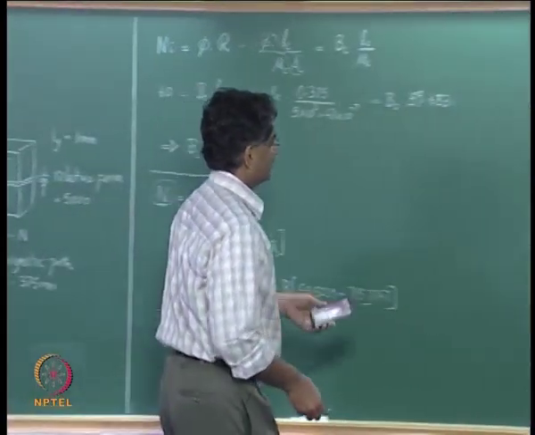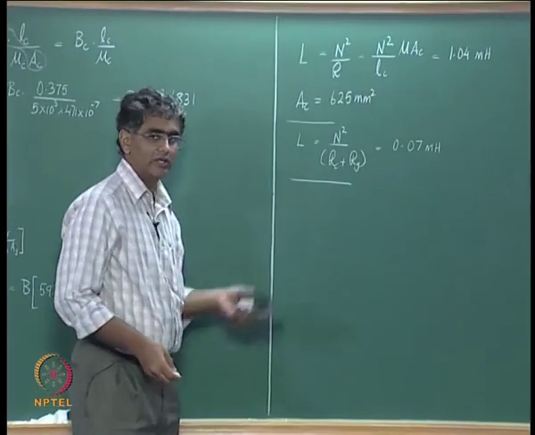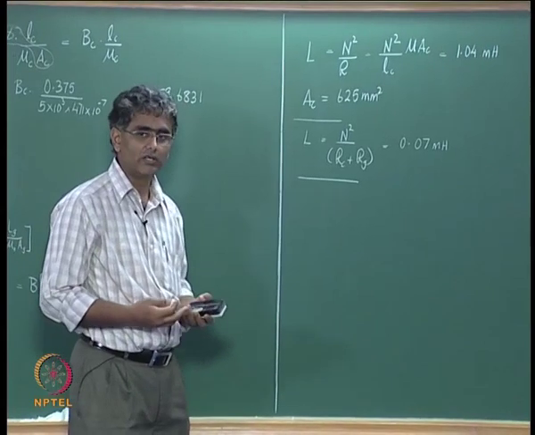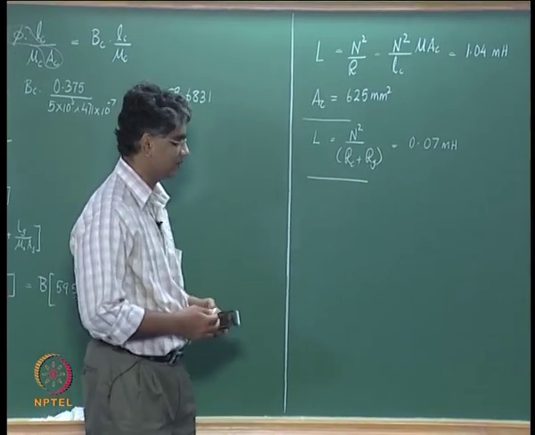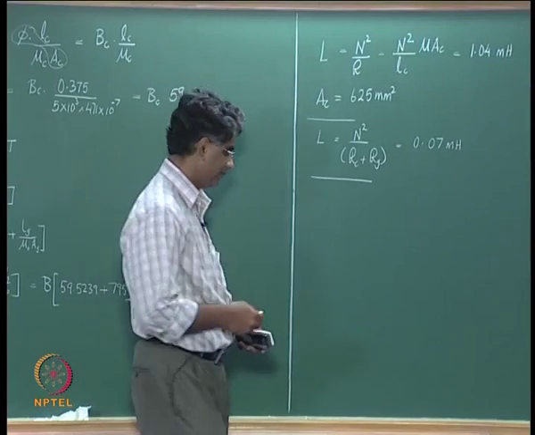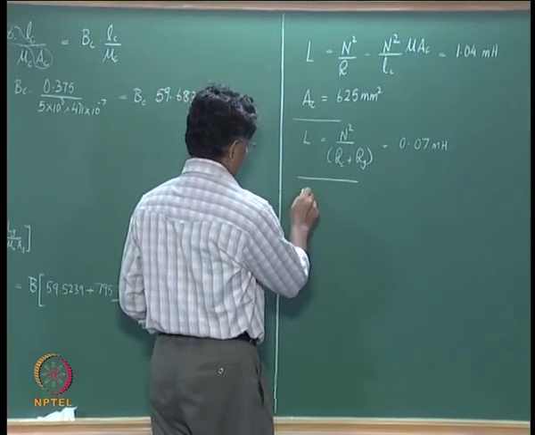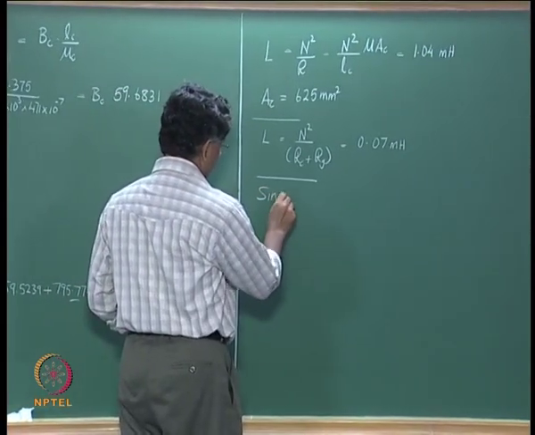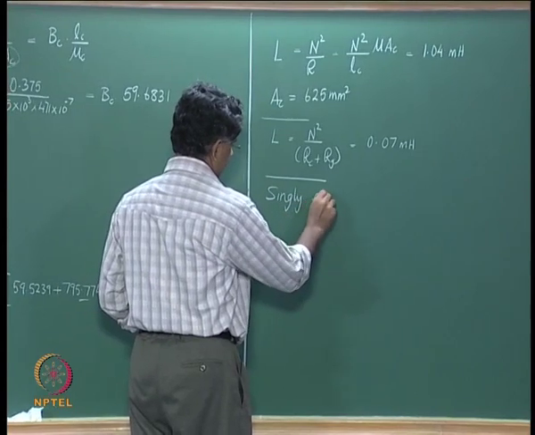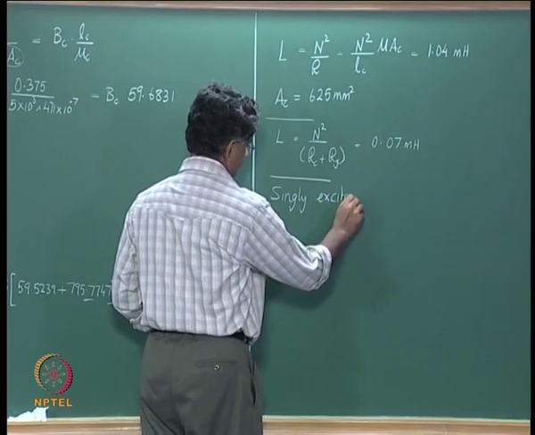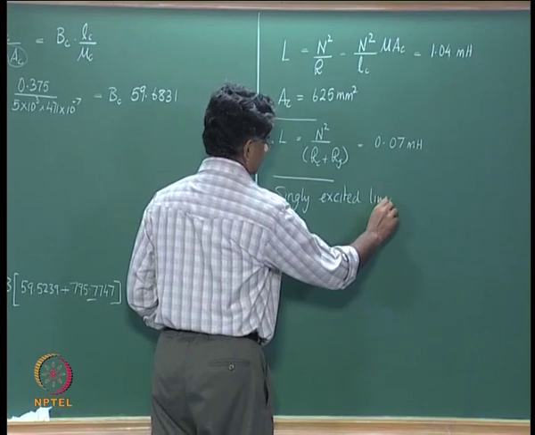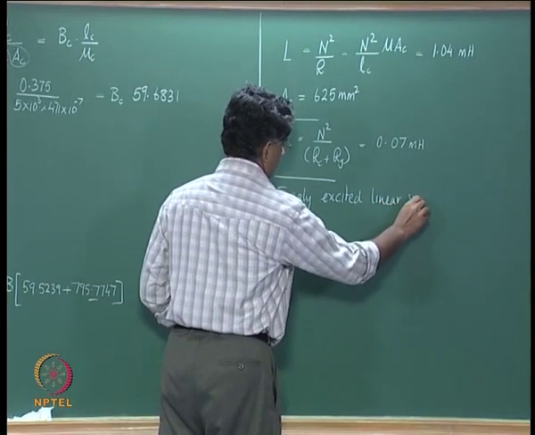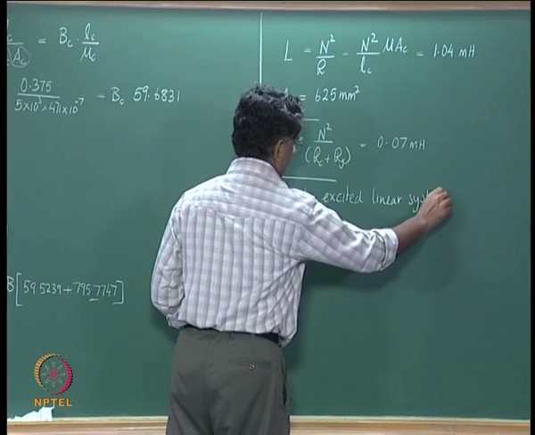So to understand the effect of inductance in the behavior of electrical machines, let us take a very simple system. We can call that a singly excited linear system, linear in movement.